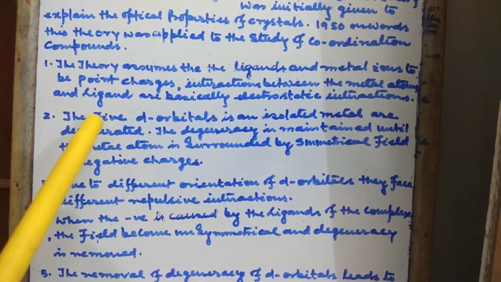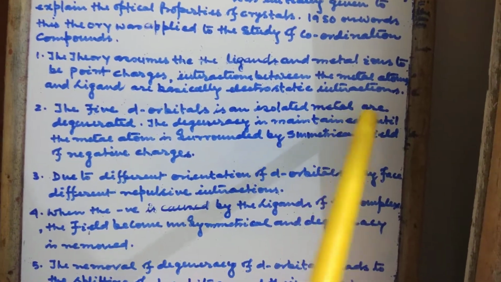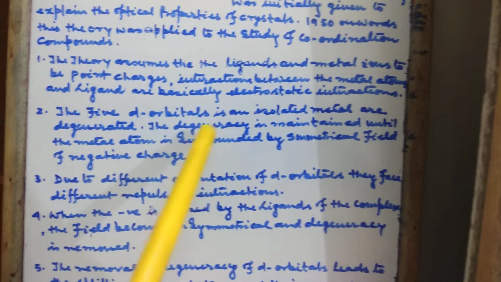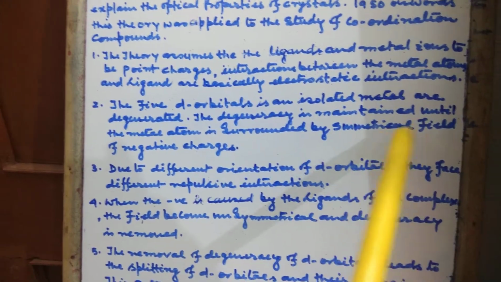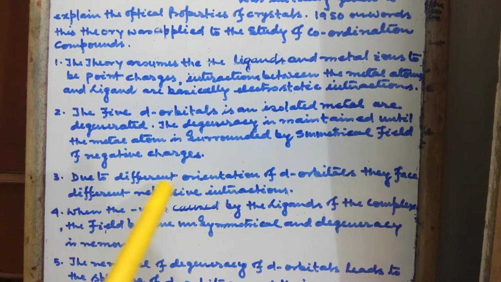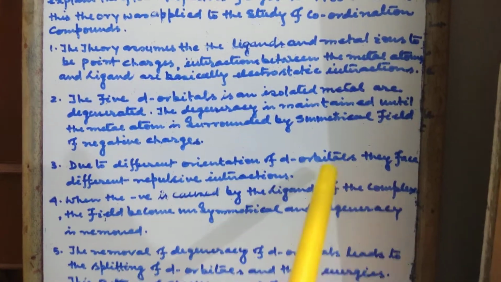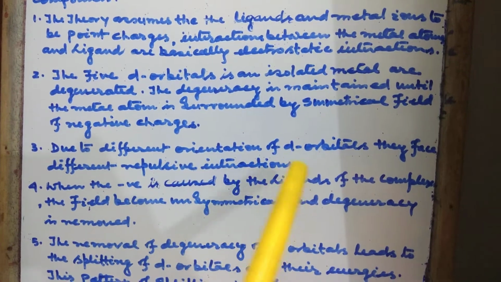Second, the 5 d orbitals in an isolated metal are degenerate. The degeneracy is maintained until the metal atom is surrounded by symmetrical field of negative charge. Third, due to different orientation of d orbitals, they face different repulsive interactions.